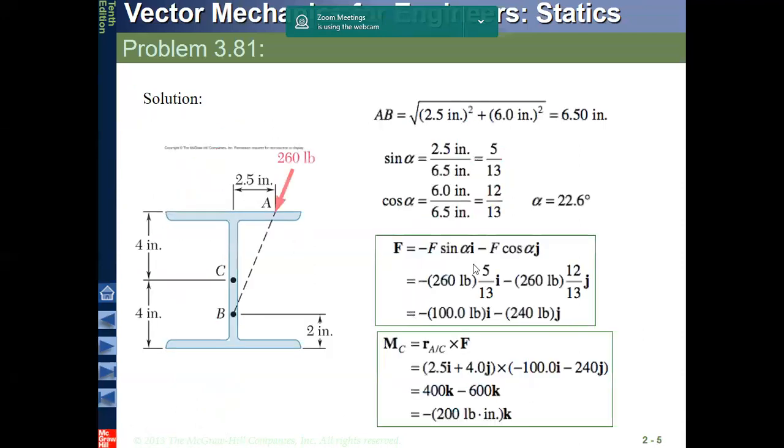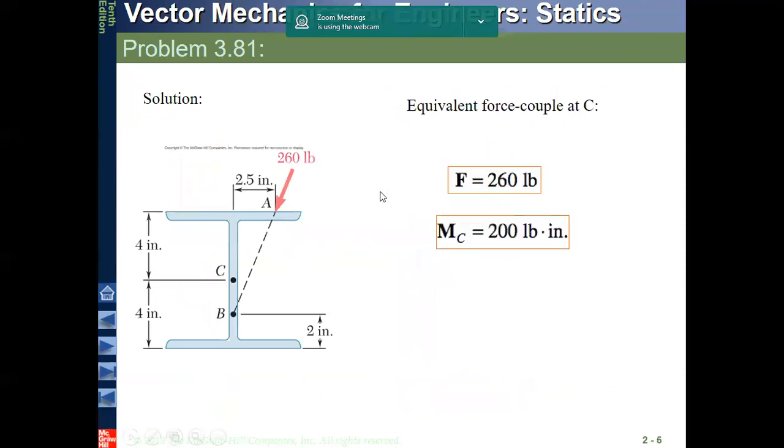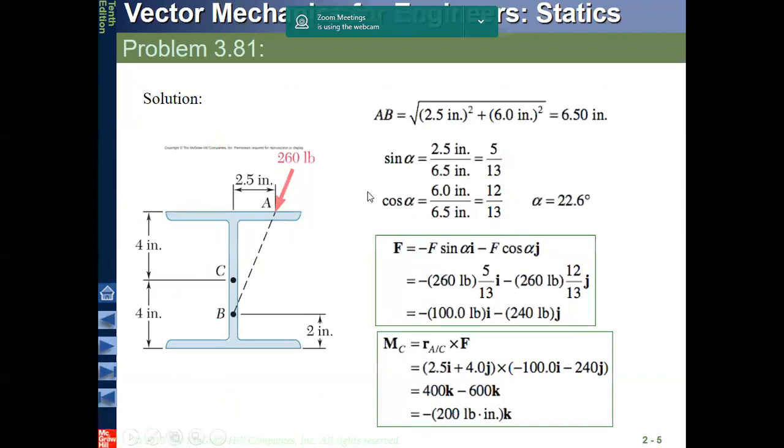So what you need to do is write this force in vector form. You know the dimensions, so you can derive sine and cosine.